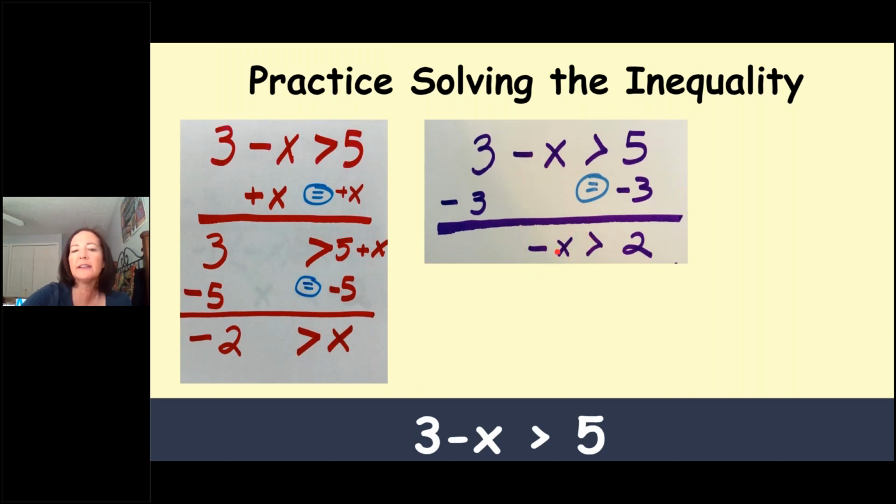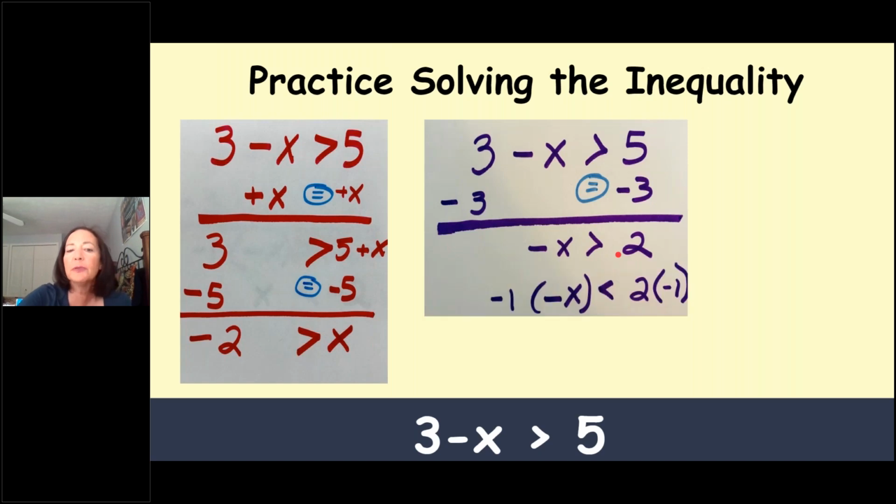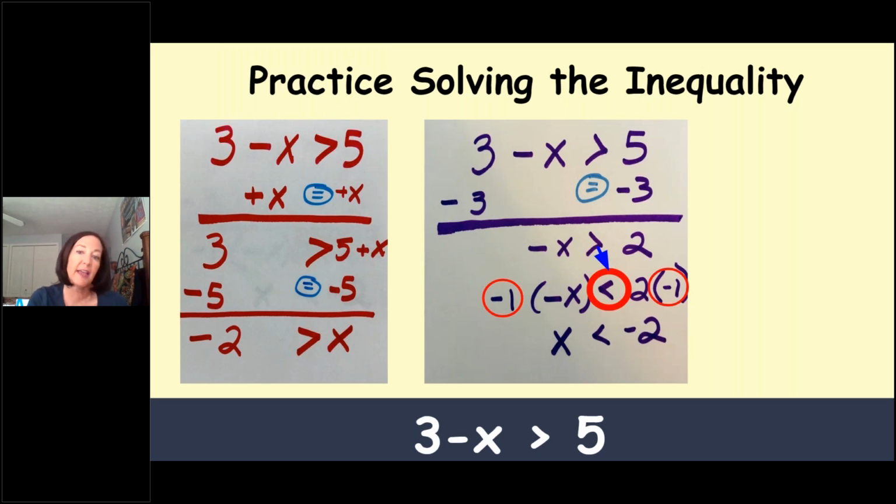So it's -x is greater than 2. Then we had to multiply both sides by -1, which means we have to flip that inequality sign. We went from the greater than to the less than sign. So our answer is x is less than -2.